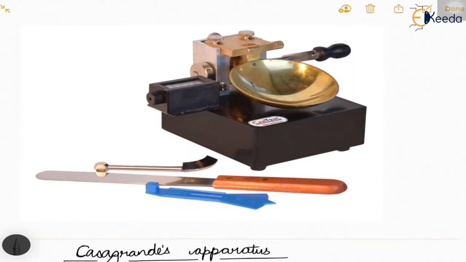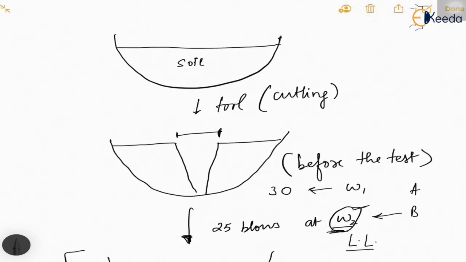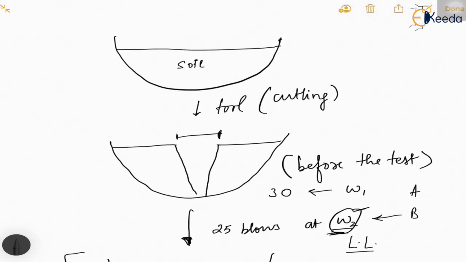The function of these three tools is just to cut the sample, which is dry soil plus a certain amount of water.